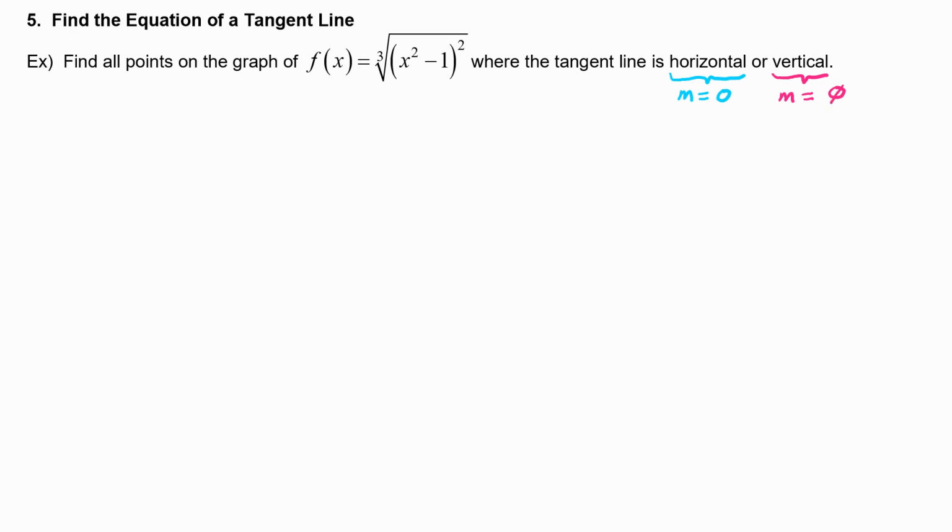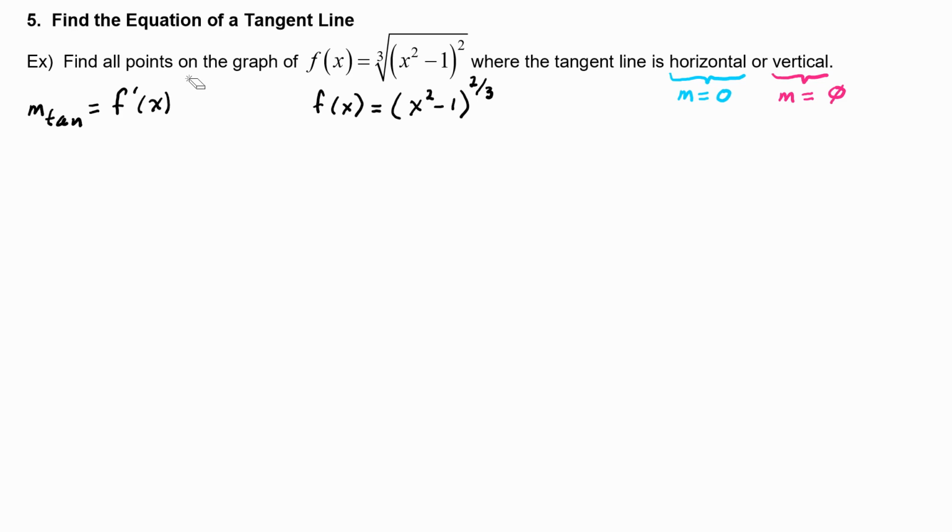Now, to get the slope of the tangent line, we know that comes from f prime of x. Now, to find the derivative of this, let's first write f of x as the quantity x squared minus 1, and using an exponent, it will be to the 2/3 power.